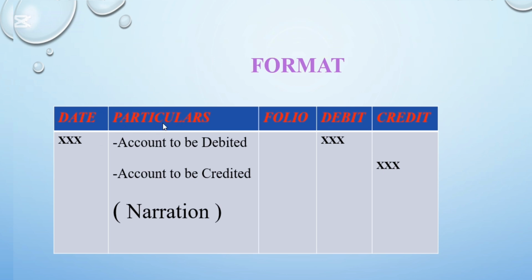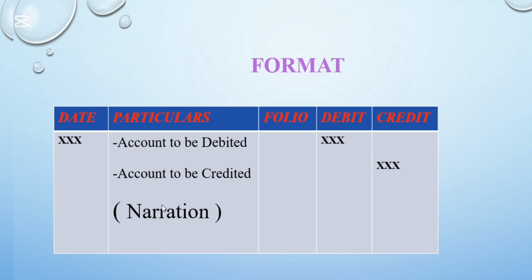When it comes to particulars, you start with the account to be debited. Then you record the amount in the debit column. You proceed with the account to be credited, and you record the amount in the credit column. But don't forget the narration.